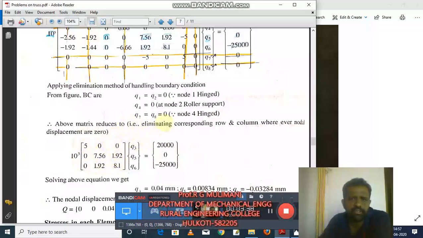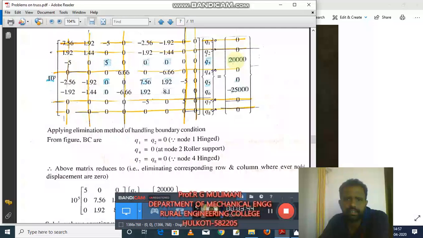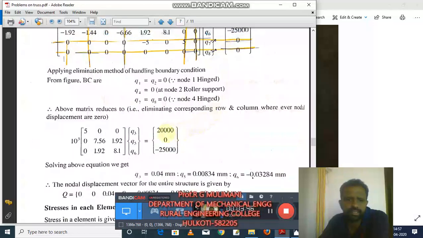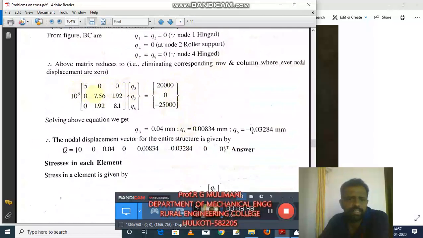So what are the unknown nodal displacements? q3, q5, q6, and it is left with 20,000, 0, minus 20,000. You just solve this 3 by 3 matrix and find out these unknowns q3, q5, q6. So q3 is 0.04 mm, q5 is 0.00834, q6 is minus 0.03284.